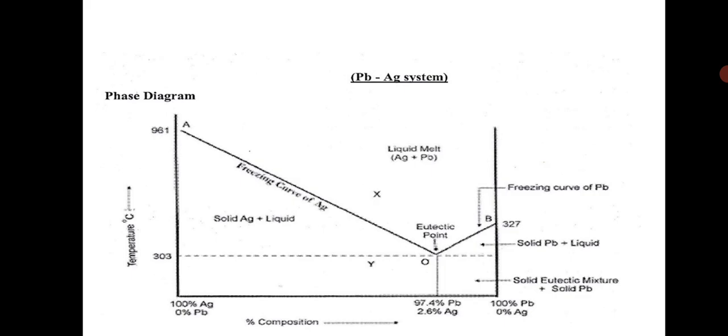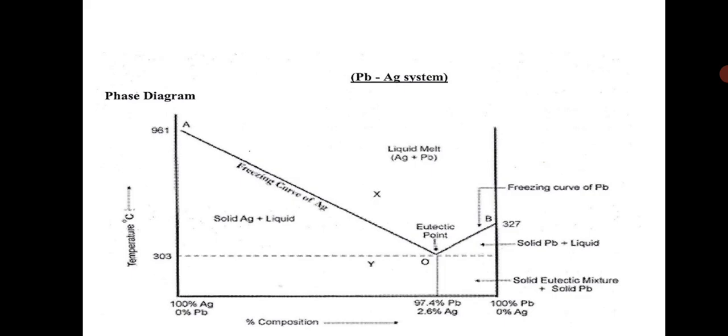The curve AO is known as the freezing point curve of silver. The point A indicates the melting point of pure silver. Its temperature is 961 degrees centigrade. Along the curve AO at any point, the equilibrium exists between solid silver and melt.